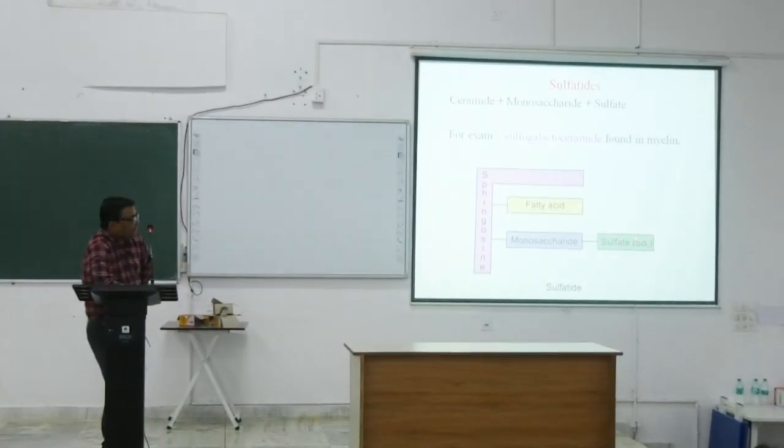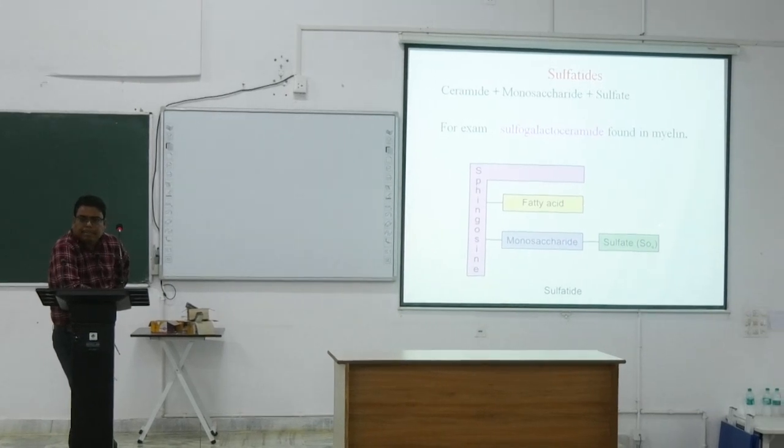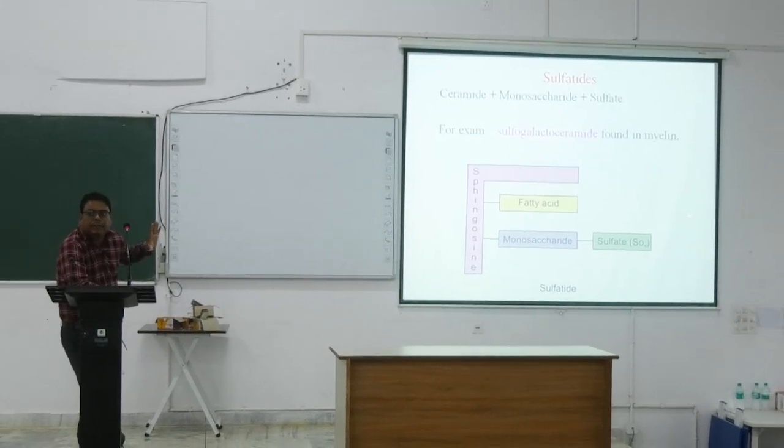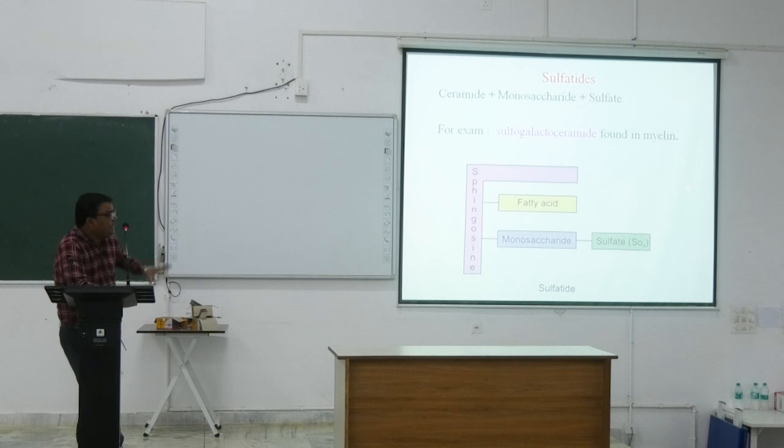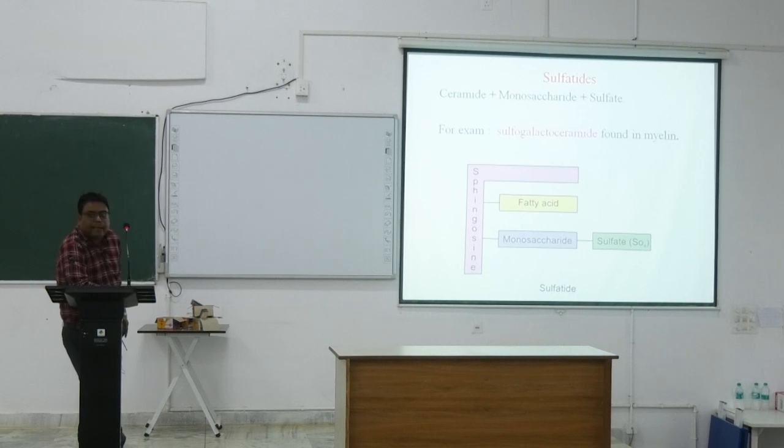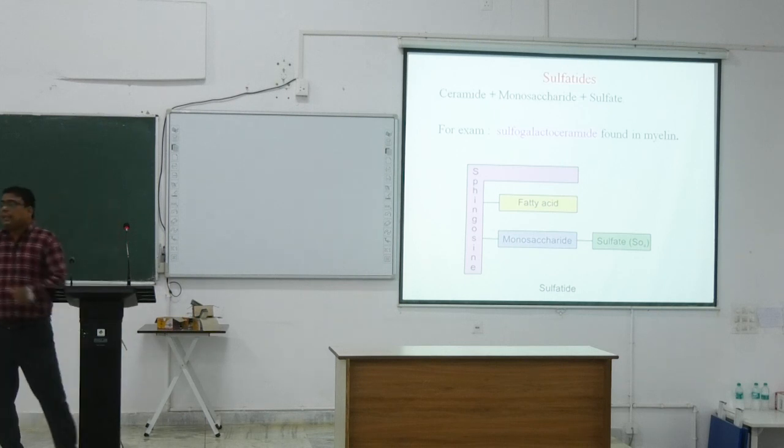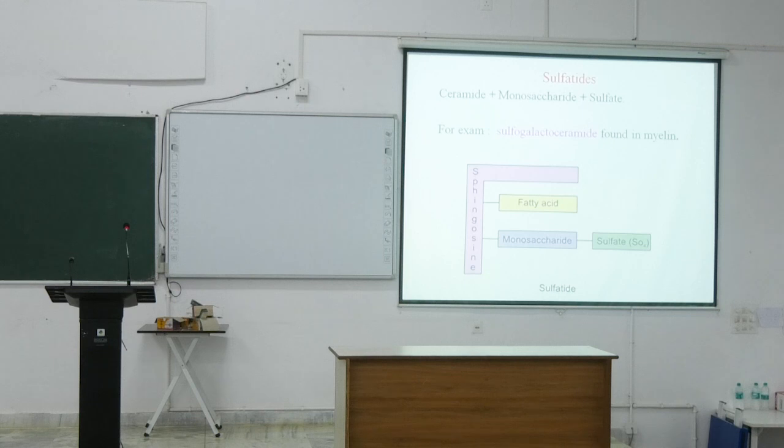Okay? And you see the sulfatides, a subclass. Here is the attachment of a sulfate group. The structure is the same. You can identify on the basis of structure that it is ceramide with a monosaccharide, attached with some additional extras. These extras may be a sulfate group, which is called sulfatide.